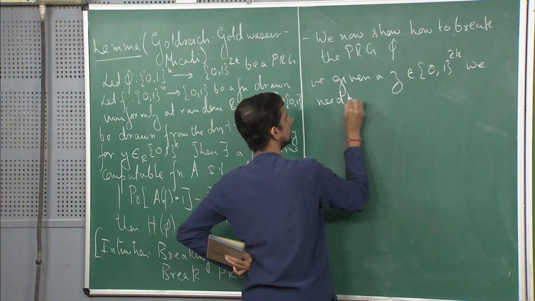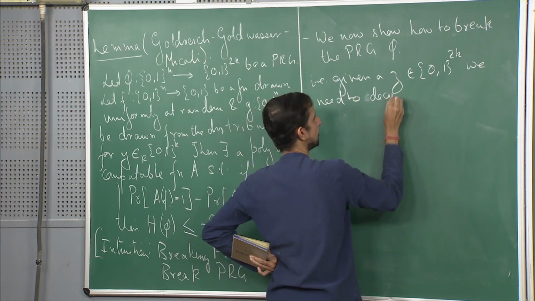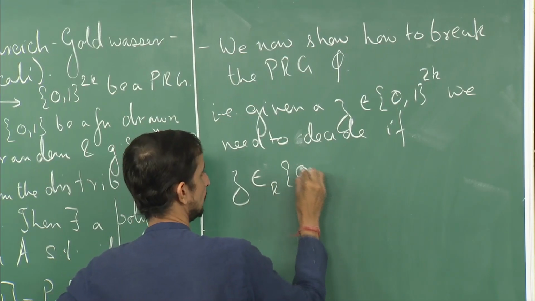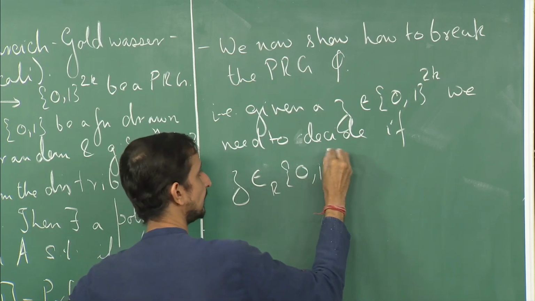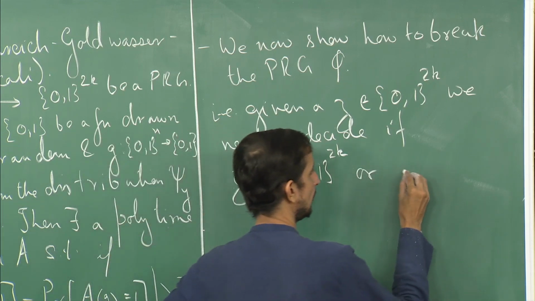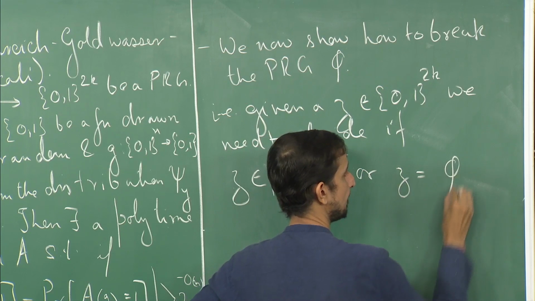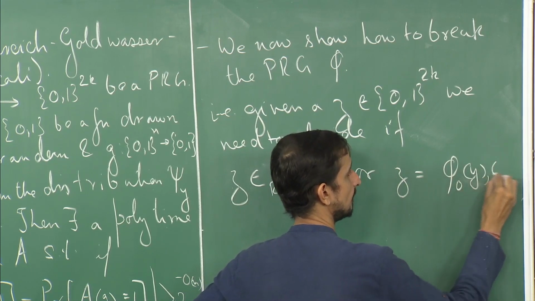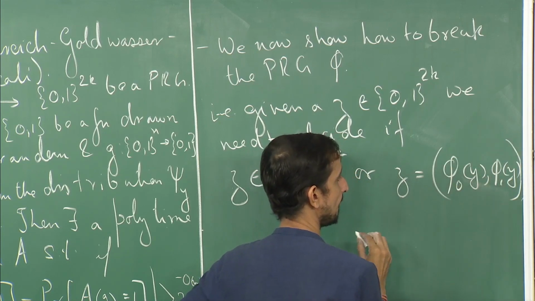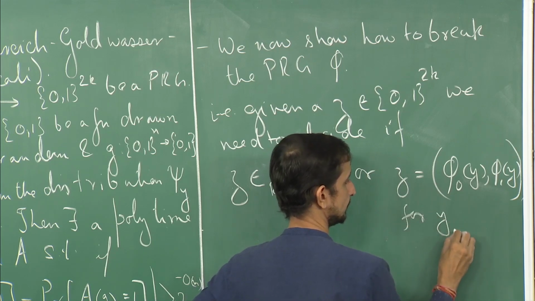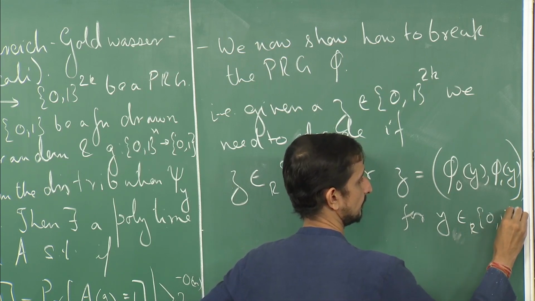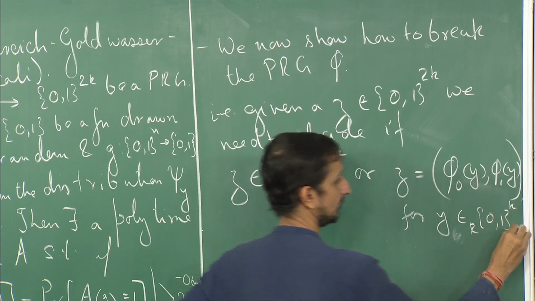we need to decide if z is a random string of length 2k, or z is of the form phi 0 y, phi 1 y for a random y of length k.